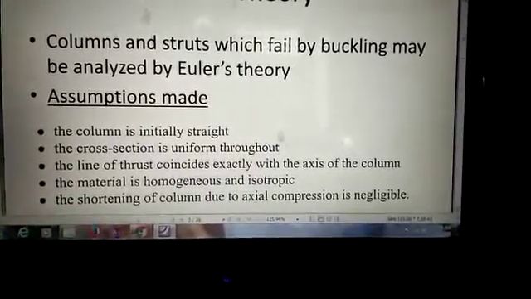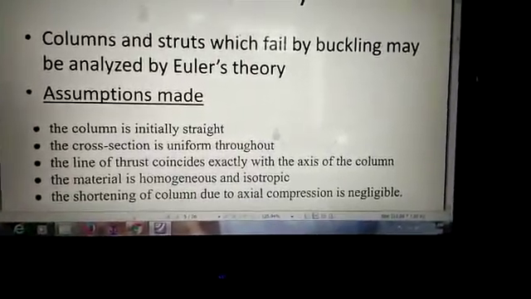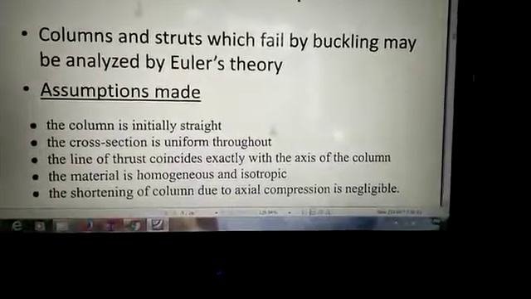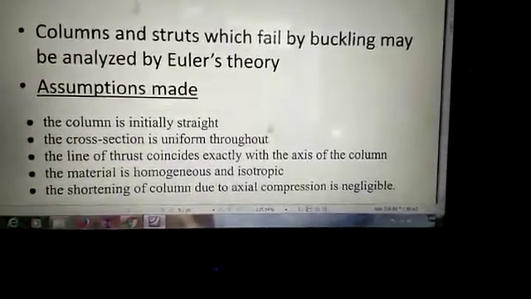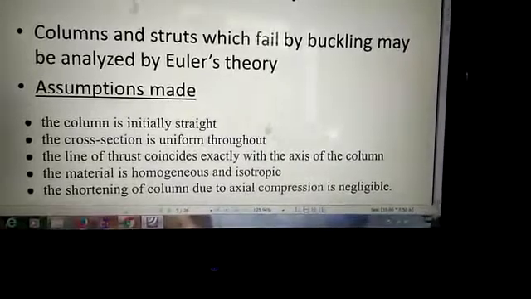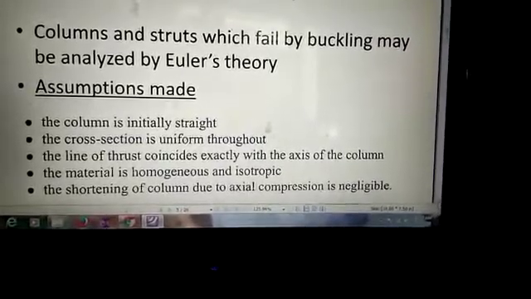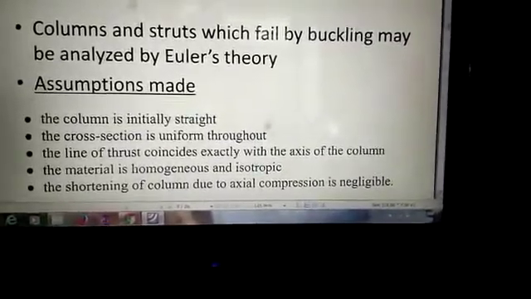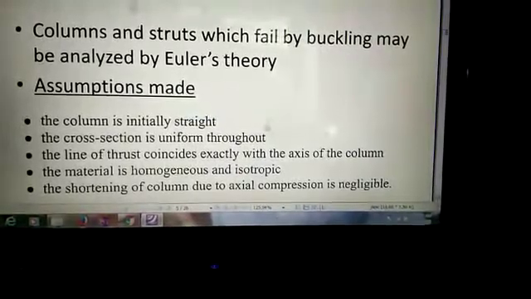The fourth is the material is homogeneous and isotropic. There is isotropy and homogeneity in the material we have used. The shortening of the column due to axial compression is negligible.